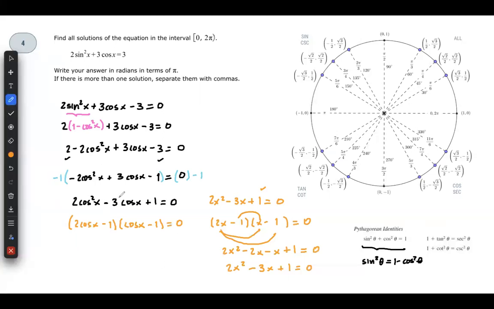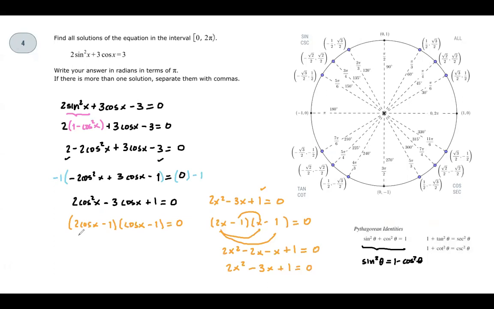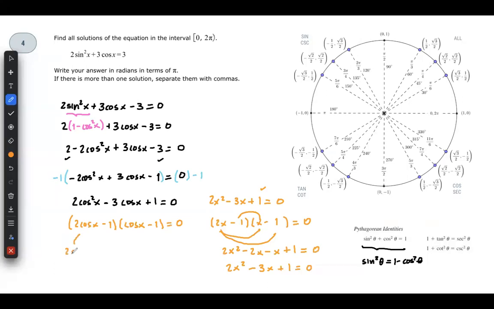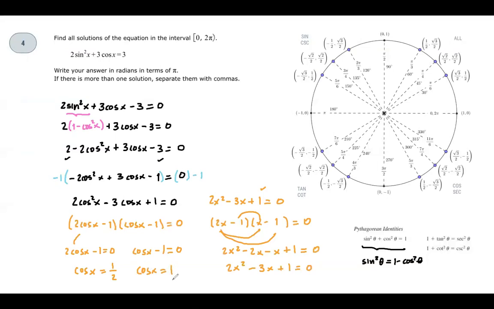Now, just like the previous problems, I can simply say that 2 times the cosine of x minus 1 needs to be 0, and the cosine of x minus 1 needs to be equal to 0. The cosine of x needs to be equal to 1/2 to find the solutions of the equation, and cosine of x needs to be also a 1.